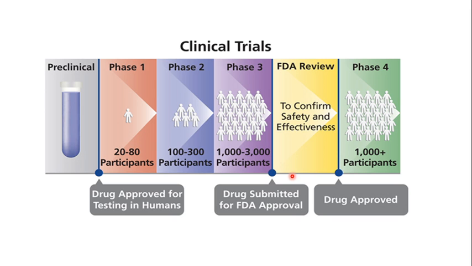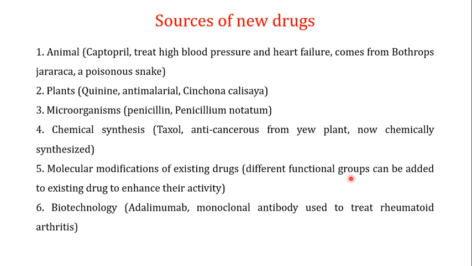Once the FDA review committee confirms the safety and effectiveness of the drug, it is approved for use by the general public, with 1,000 plus participants, because the drug will then be available in the market to be used by human beings for the treatment of that particular human disease.